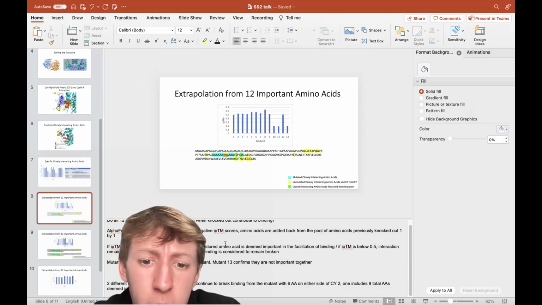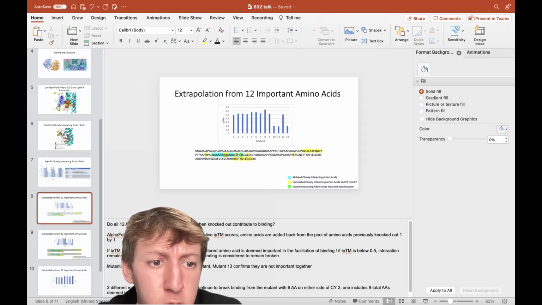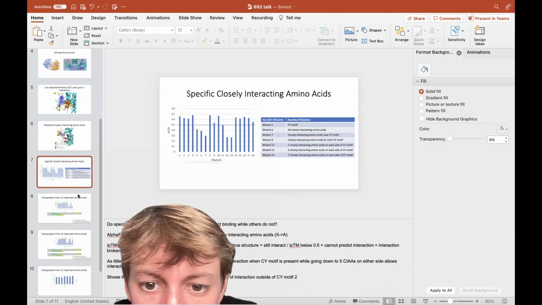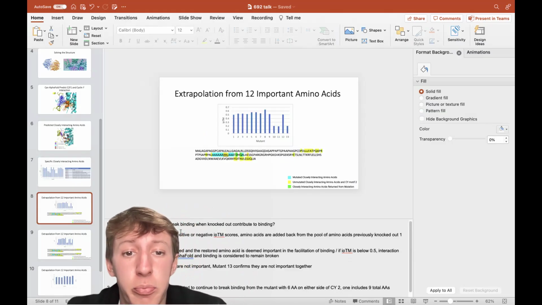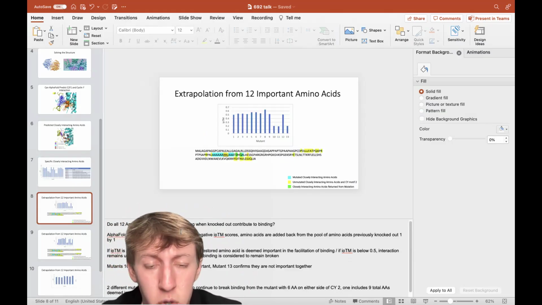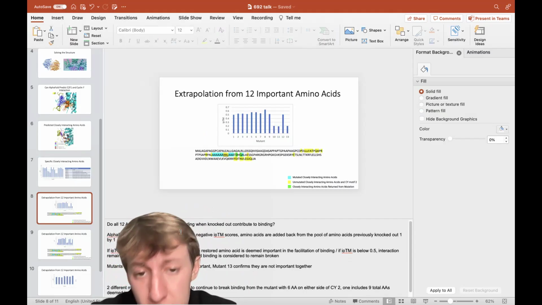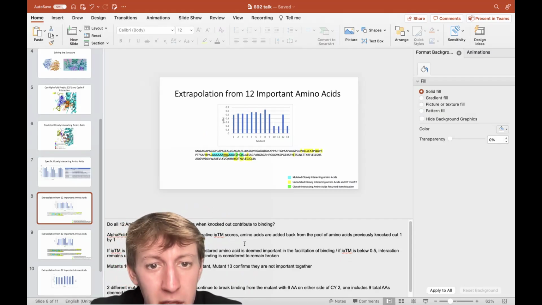And so for this trial, amino acids are added back from mutant 12 in the previous experiment, in which six closely interacting amino acids were mutated on either side of the psi motif.